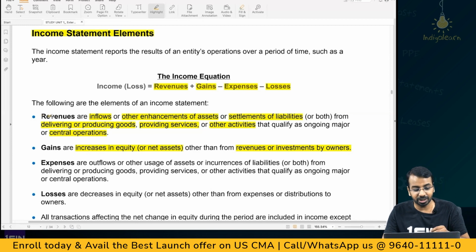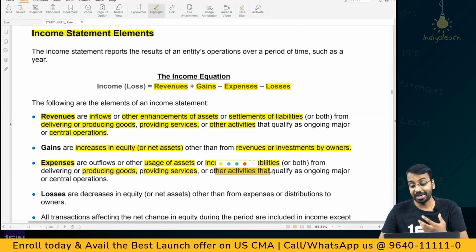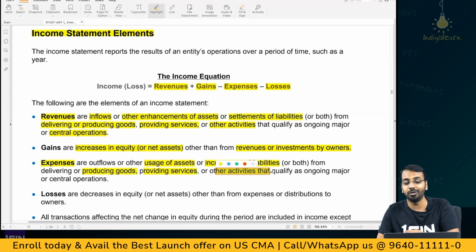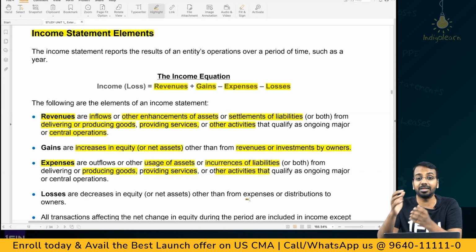Then, just opposite of revenue, we have expenses, which are outflow or other usage of assets or incurrence of liabilities from delivering or producing goods, providing services or other activities that are ongoing or a part of central operation. So what are expenses? Like revenue, when you sell goods, you have revenue. The goods that you are delivering, the inventory that you are delivering, is an expense. There you can see there is an outflow of an asset or use of an asset like depreciation, or we have incurred certain liabilities, salaries to be paid.